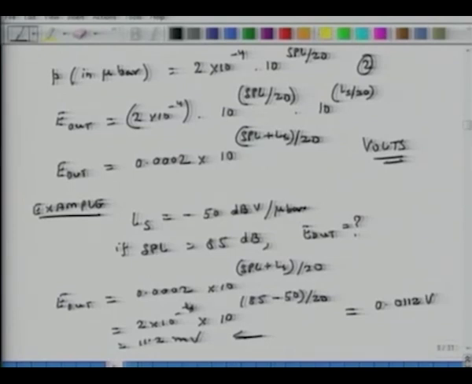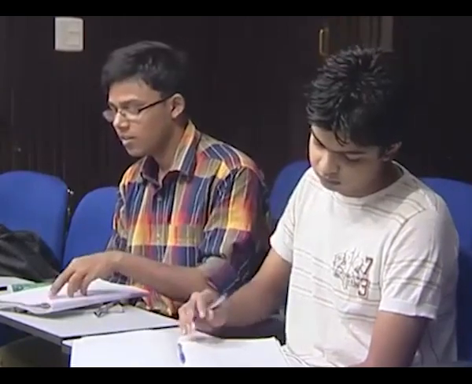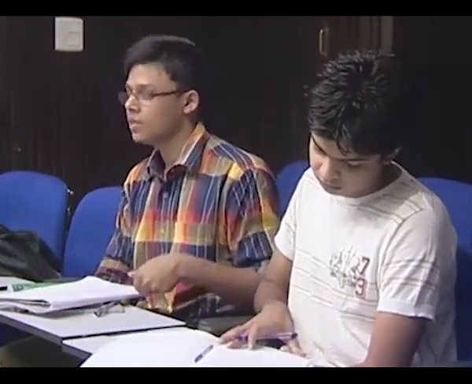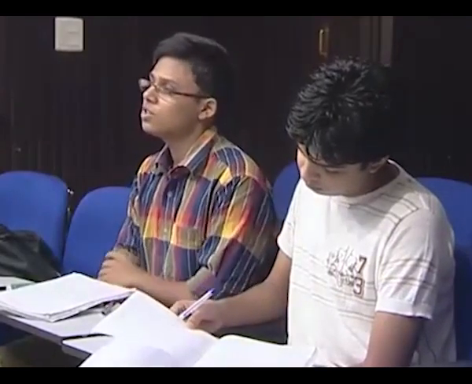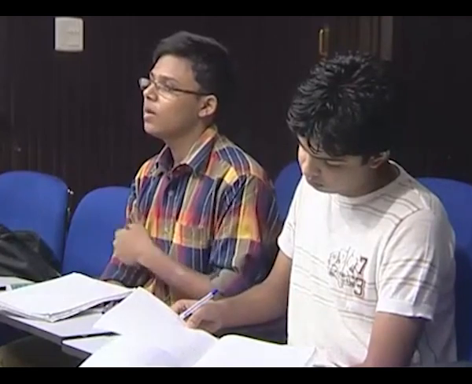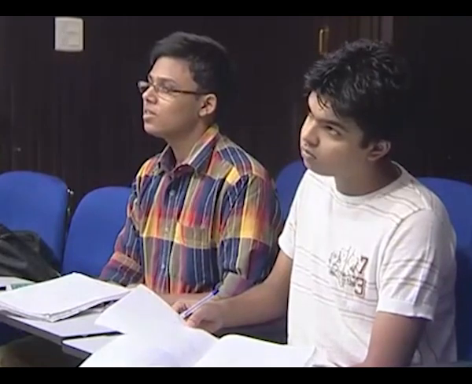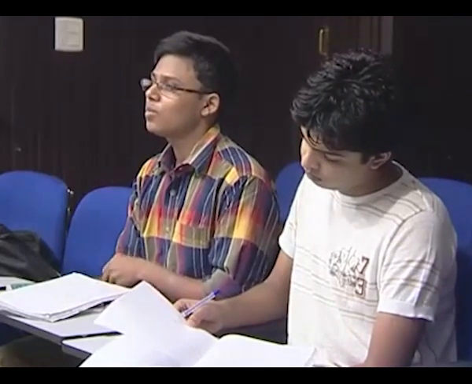Suppose that Ls has the unit decibel only, and V by microbar is just a representation, because if we see the definition of Ls, it's just a ratio, and a ratio cannot have any unit. So V by microbar is just to tell that it's not an SPL or something like that. So if it is decibel, then there's no problem in subtracting.